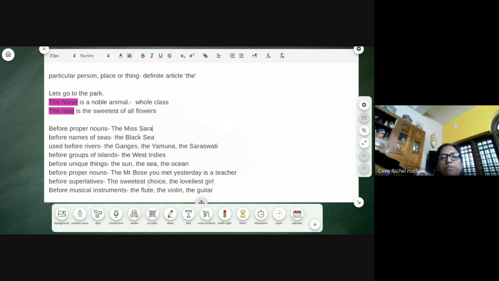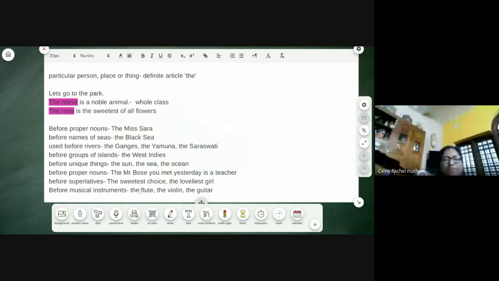The sweetest choice, the loveliest girl, sweetest, loveliest, best, the best. Don't we all just say, he is, she is the best? So you can use it before superlatives, you can use it before musical instruments. So these are more or less the rules that accompany the usage of the definite article the.